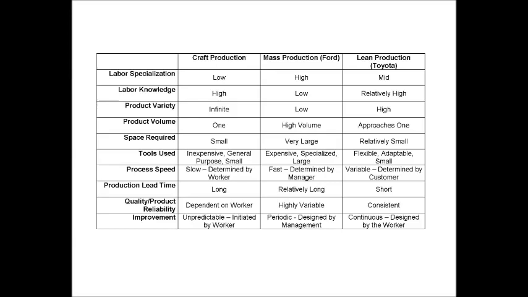And this continuous improvement, while we will have perhaps some industrial engineers, or many of you will be experts in process improvement as a result of taking this class, the actual work for making the improvement will be designed by the workers themselves. So we're going to enable the workers to be able to see problems in their own work spaces and give them the freedom to make those changes to be able to improve their work areas.